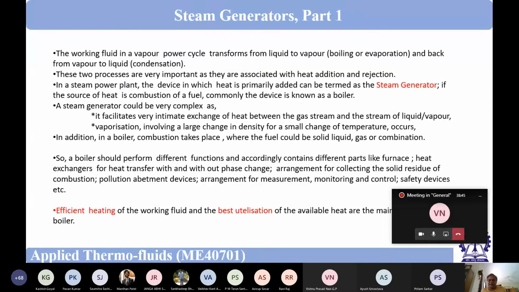And design changes from day to day. Good designs are coming. There are steam traps which let the steam go only in one direction, not in both directions. There are check valves, non-return valves, etc. So many safety devices are there. So you can understand that a boiler is a very big unit, and there could be many components.